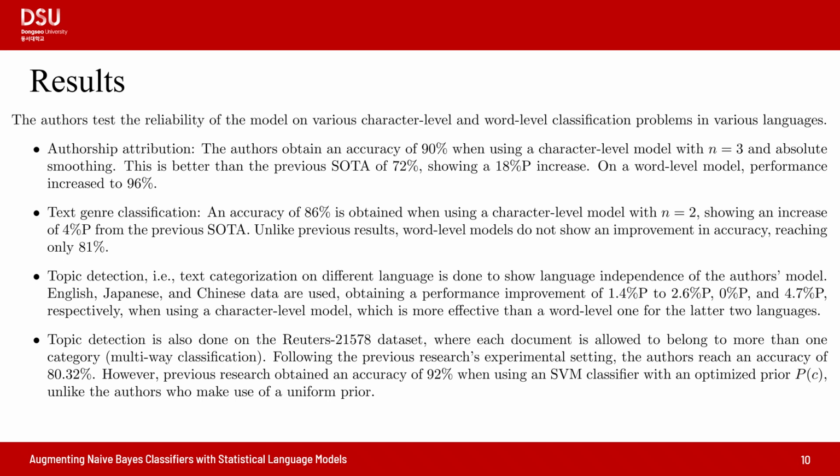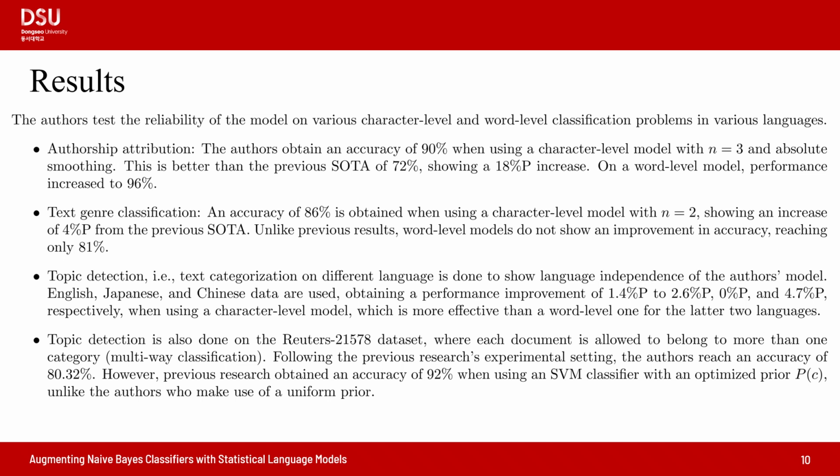The authors test on English, Japanese, and Chinese datasets, obtaining a performance improvement from the previous state of the art of 1.4 percentage points to 2.6 percentage points for the English dataset. Same performance for the Japanese, so 0 percentage points for the Japanese dataset, and 4.7 percentage points for the Chinese dataset.